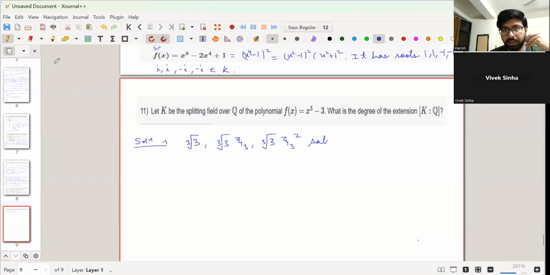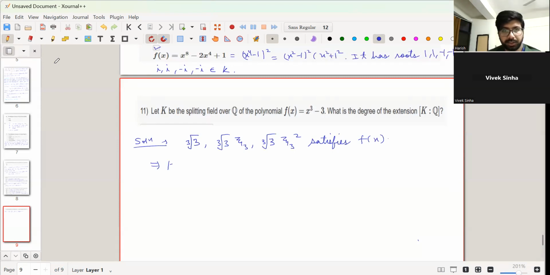These three satisfy f(x), and these are the only roots of f(x).